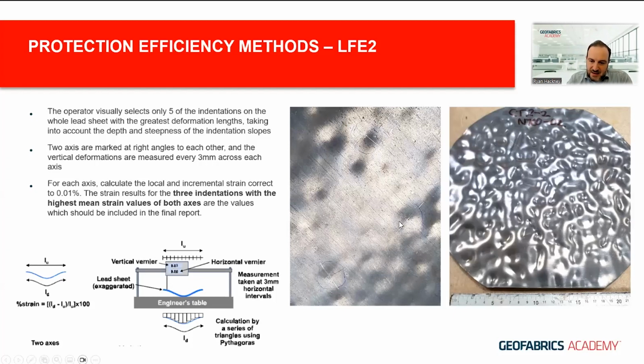That's where the deformation measurements have been taken. So a dial gauge crosses this and it scores the lead as it passes across. And so you're measuring quite a small area in terms of strain of this deformed lead sheet.